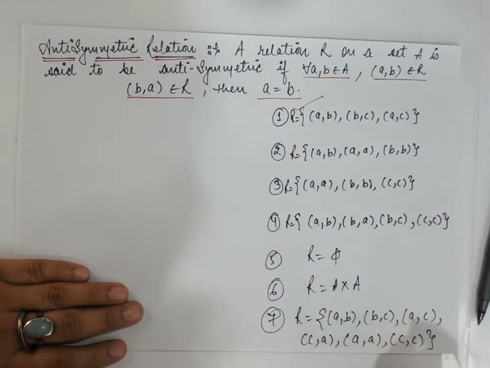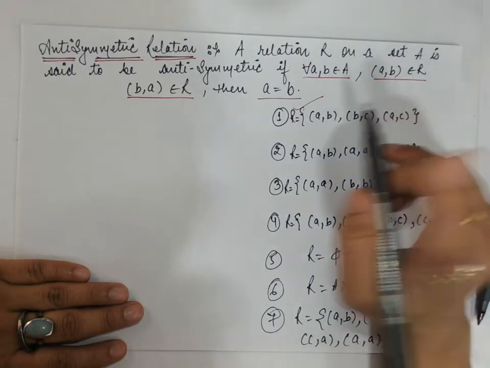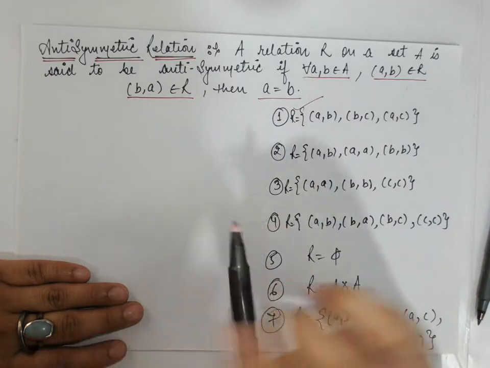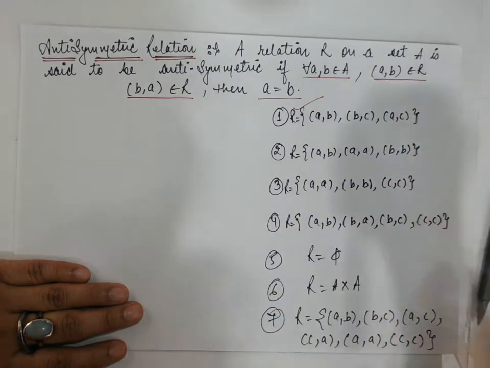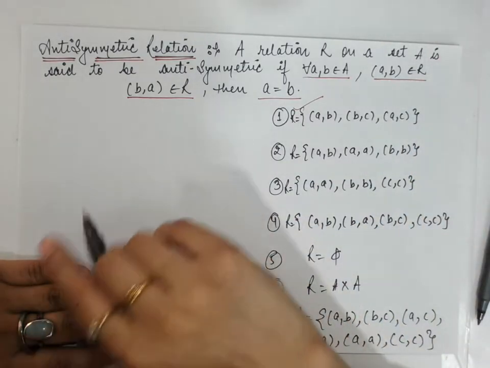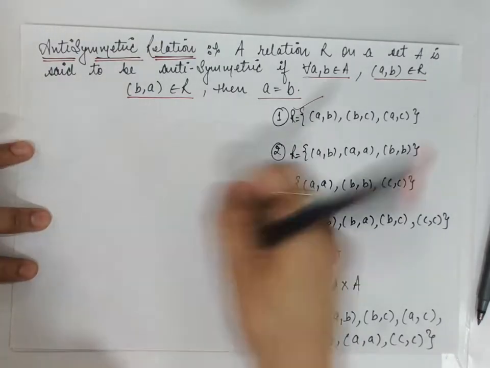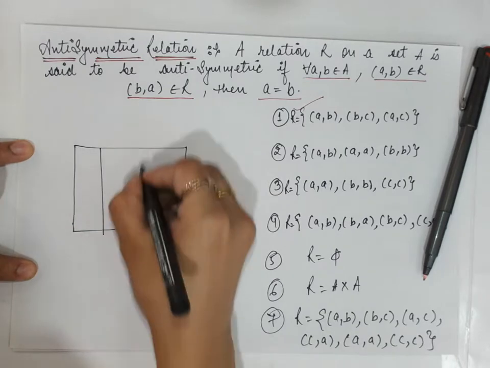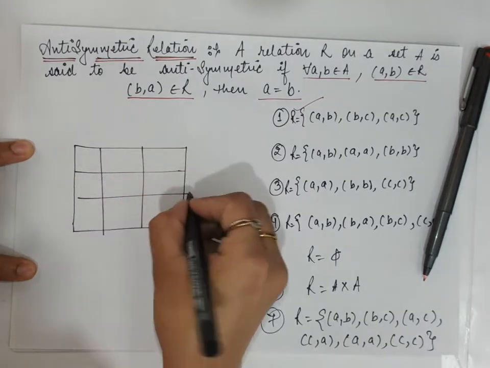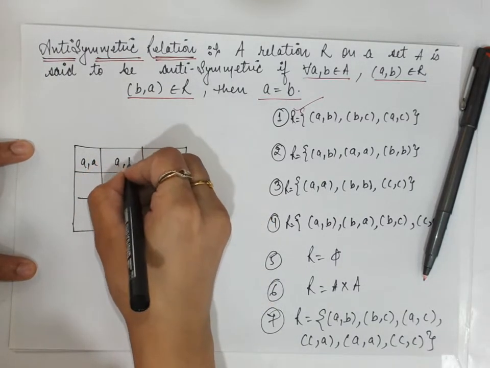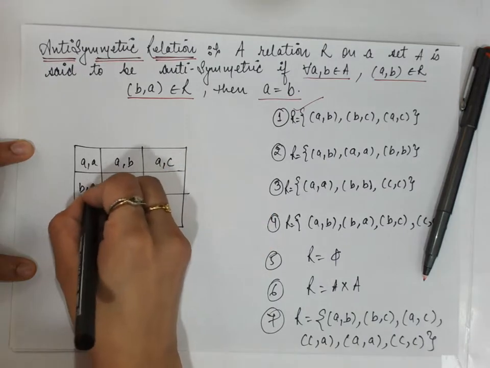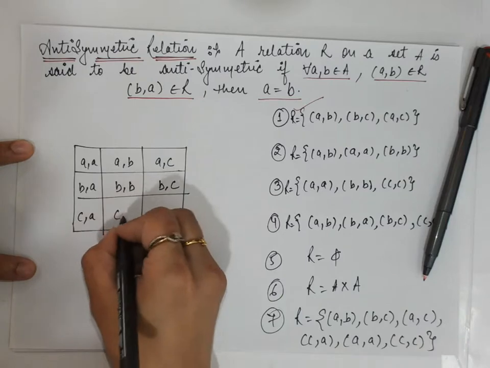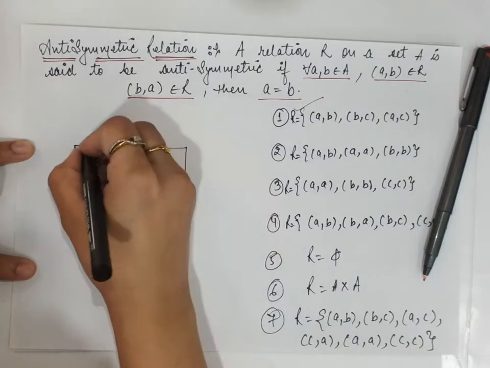Antisymmetric relation says if (a, b) is present, then (b, a) is not present in a given relation, and if (a, b) is present in a relation and (b, a) is also present, then a is equal to b. Means if we take the Cartesian product of the relation: (A, C), (B, A), (B, B), (B, C), (C, A), (C, B), (C, C).